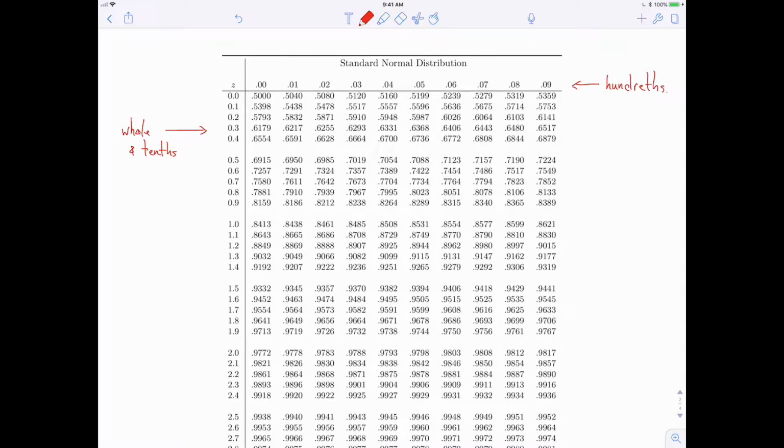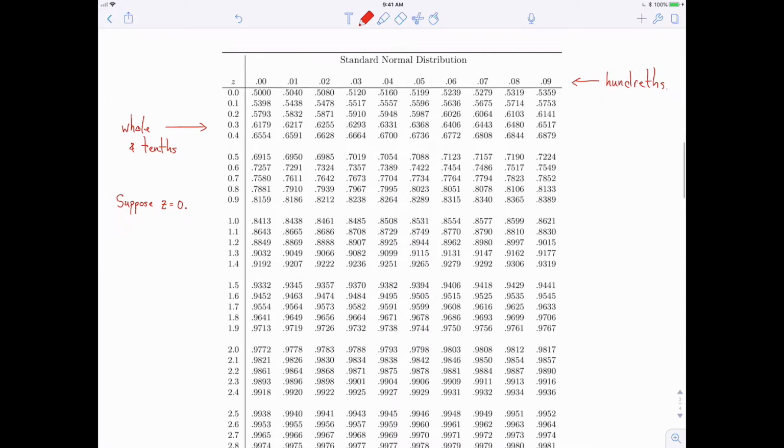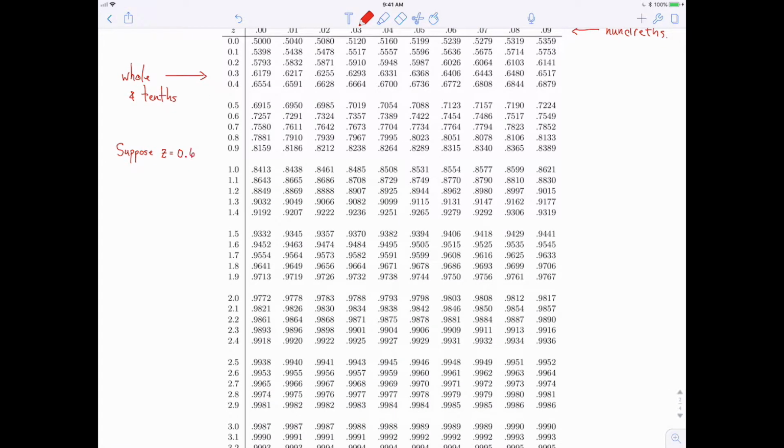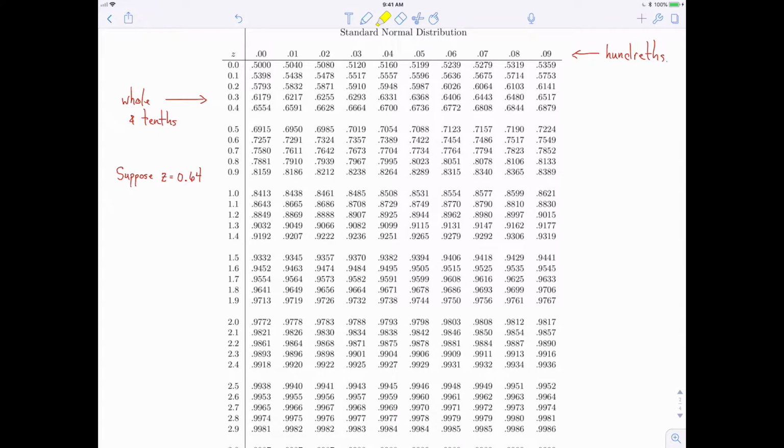So for example, suppose z is 0.64. How would I look that up? So what I would do is I come down this vertical column to come to 0.6.